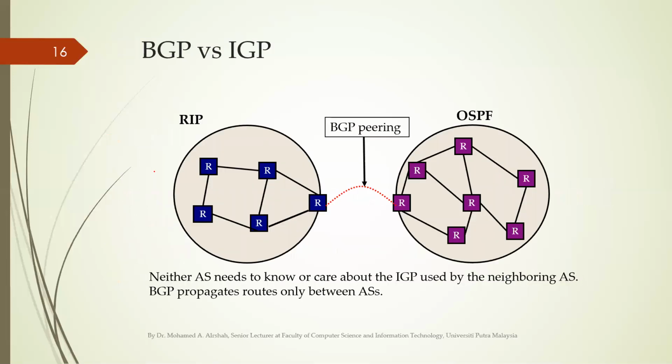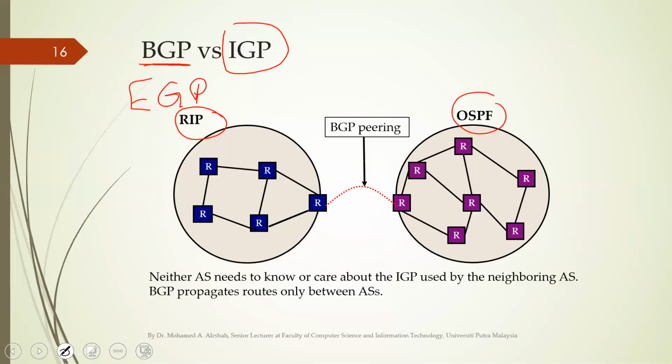BGP versus IGP. Okay, BGP is considered eBGP, an exterior gateway protocol. And IGP is like RIP and OSPF, which can be used inside the autonomous system.